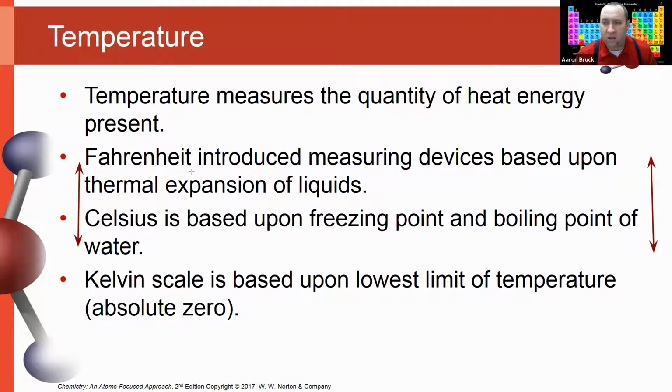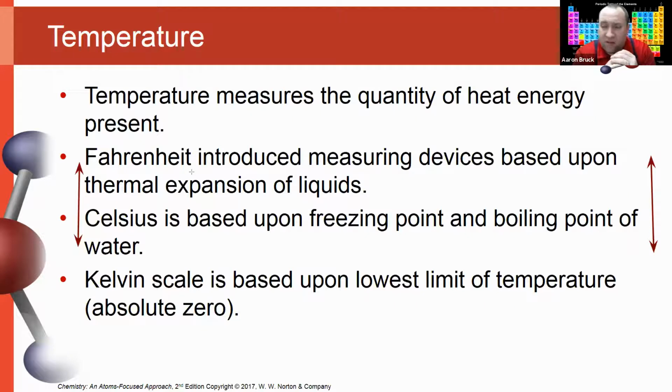So Fahrenheit was all about making thermometers that included liquids that would expand or contract based upon temperature changes. So you heat up a mercury thermometer, the mercury inside expands and it goes further up into the glass tube. It cools down, it contracts, it comes down in the tube as well.